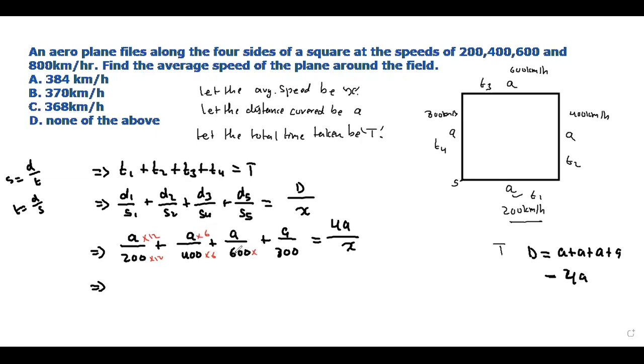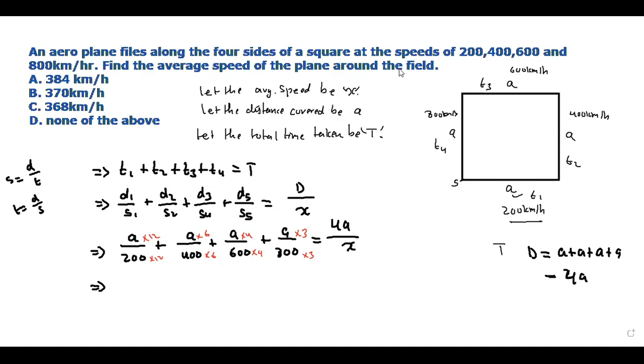2400 divided by 600, you have to multiply by 4. And 2400 divided by 800, you have to multiply by 3. The reason I am doing times 3, times 4, times 6, times 12 is so that I get the common denominator as 2400.